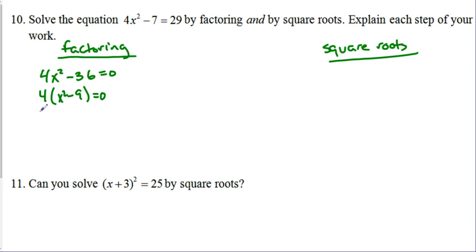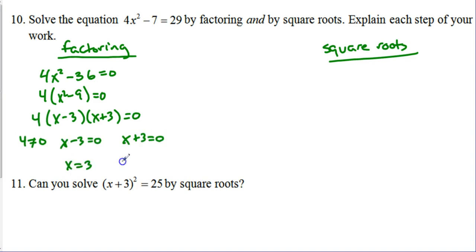Go ahead and finish this out. So finally we have the two roots, 3 and negative 3. Notice here that 4, while a factor of this expression, cannot equal 0, so it does not contribute to the solution of this equation.